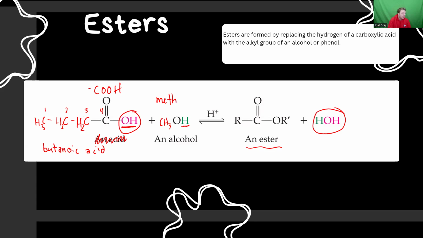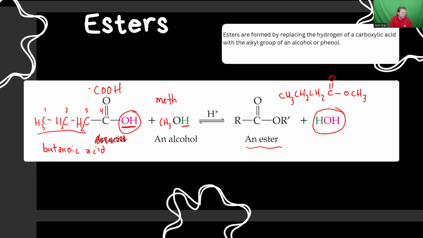What that leaves behind is we have our chain here. So we've got CH3, CH2, CH2. Then we've got our carbon with a double bond, and then O, CH3.